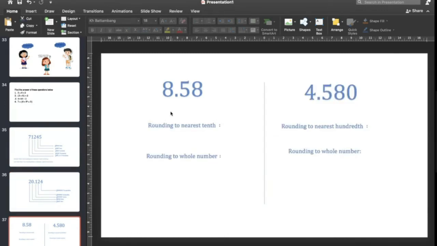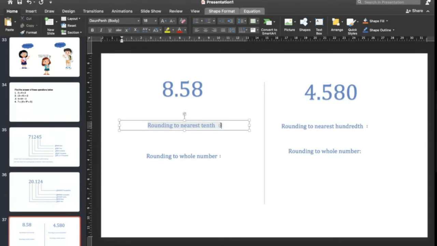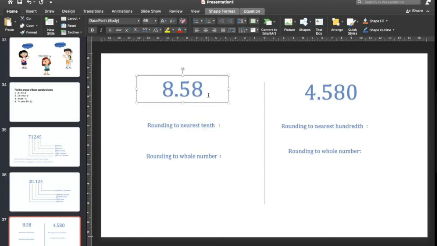Let's do the exercise. I want you to round to the nearest 10 for this one. What is the answer? 8.6. What is the target digit? Number 5, right?